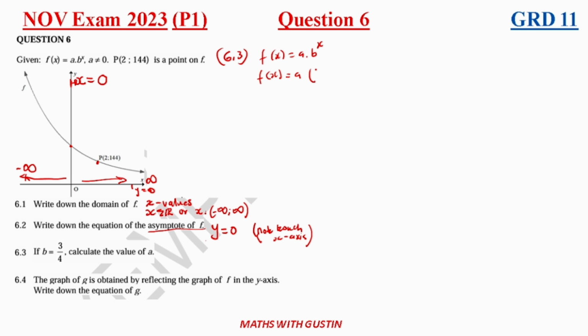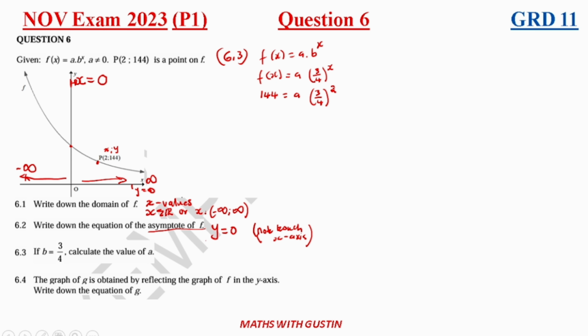B is 3/4, so f of x is a times (3/4) to the power of x. So how am I going to find a? I'm just going to substitute this point, because it's got x and y. So we're going to substitute x and y here. Our y is 144, so 144 equals a times (3/4) to the power of 2.